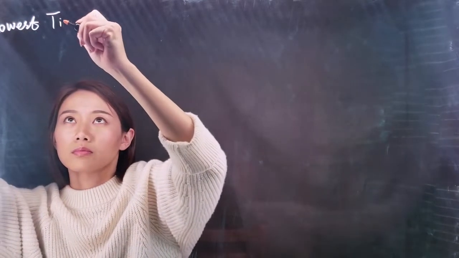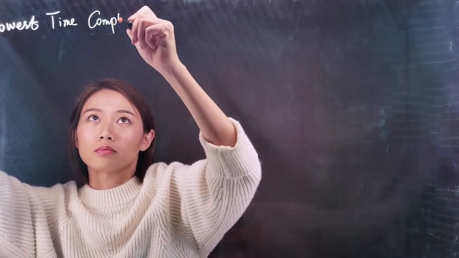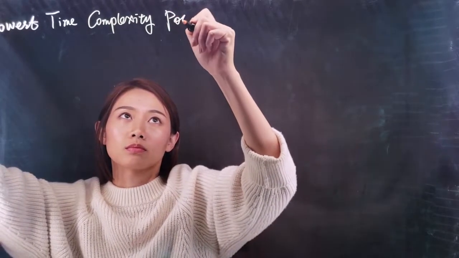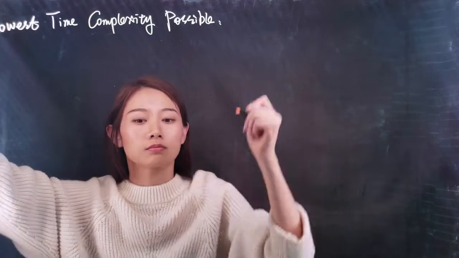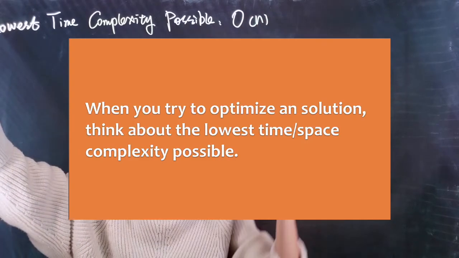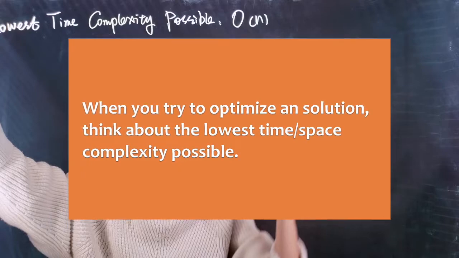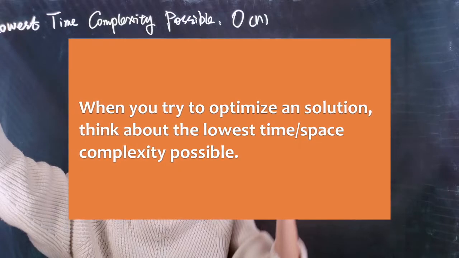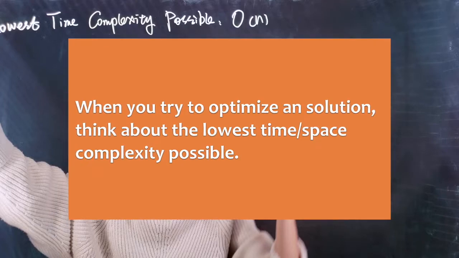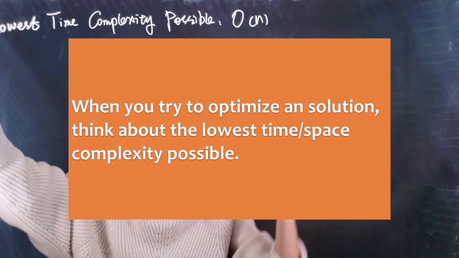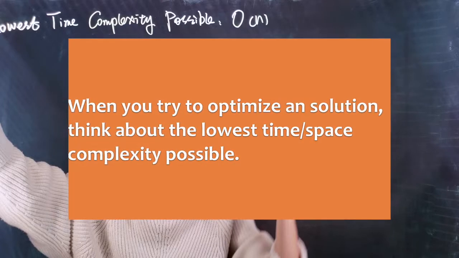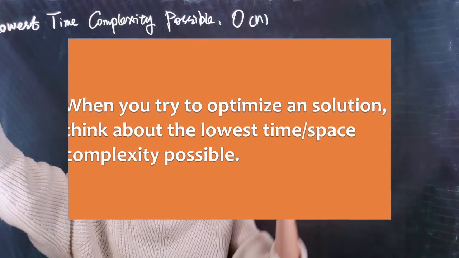You can pause the video and think for a minute. Okay, the lowest time complexity for this problem is O(n), because in order to get all possible pairs of numbers, we have to go through each of the numbers at least once. So keep the O(n) goal in mind.